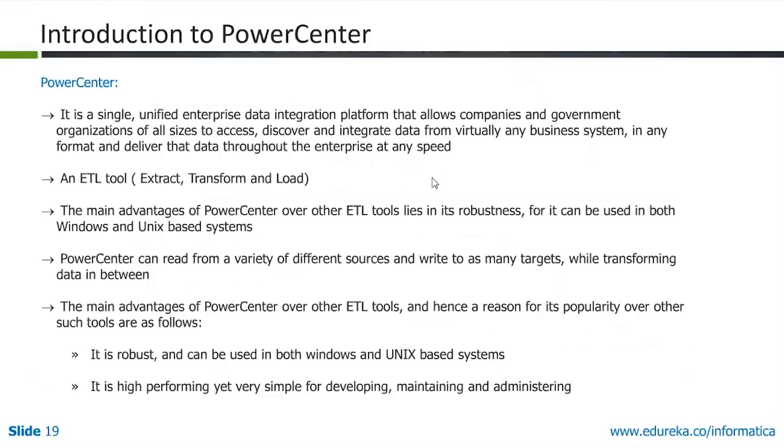By data from virtually any business system, Informatica means that they have connectors available for all sets of sources and targets which are generally used by the business to perform their business activities. It has connectors for SAP, other ERPs, big data, other application sources, and partner data. PowerCenter also has the Web Service Hub through which it can talk to web services. It can get data from a web service, and it can publish data to a web service as well.